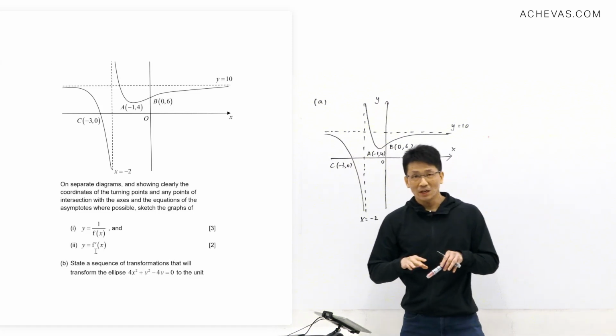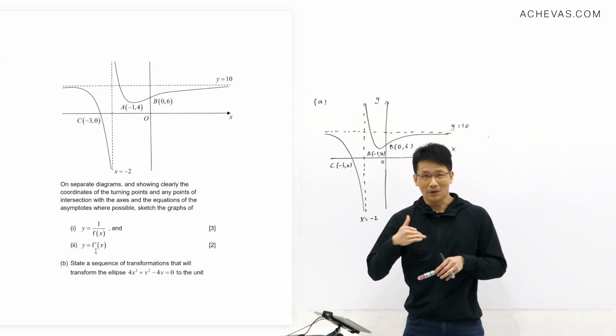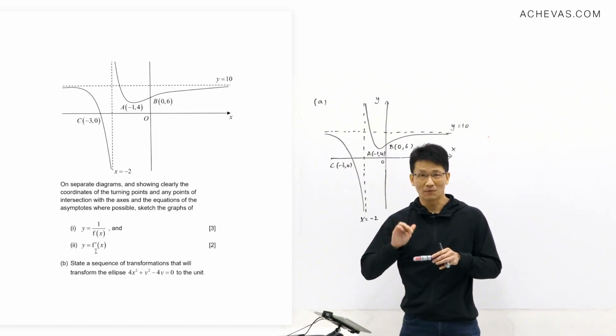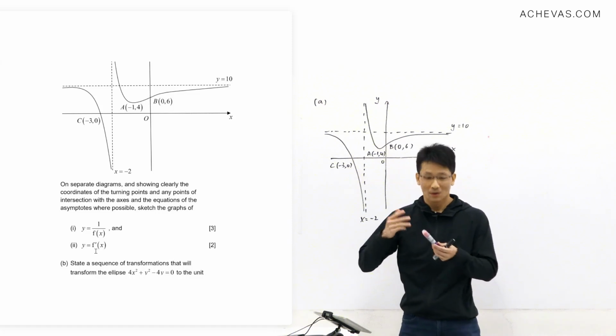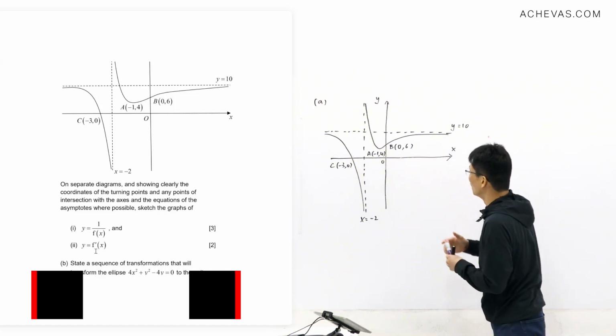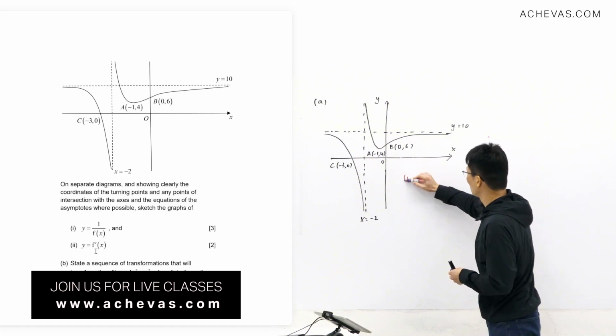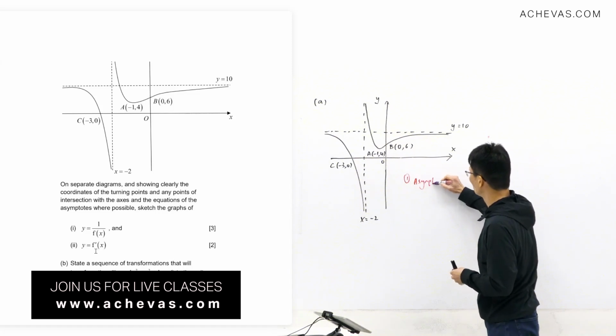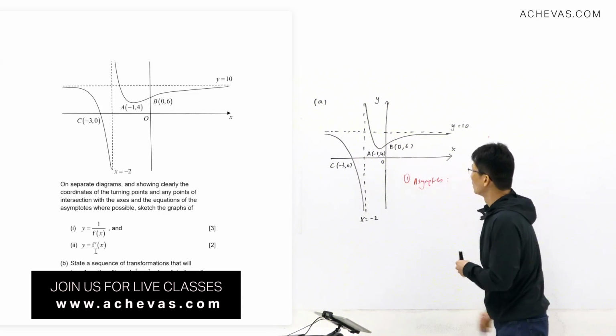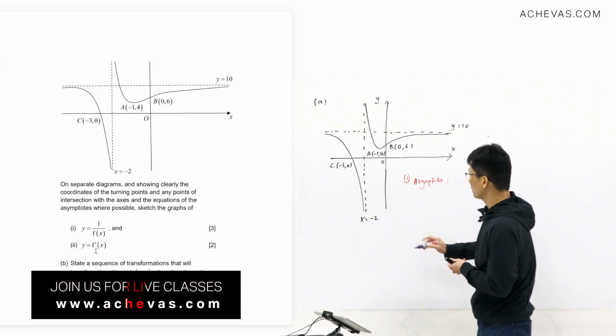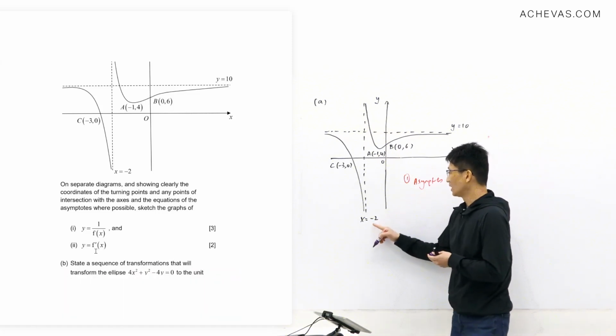Similarly for the gradient curve, we will like to analyze the key features first before attempting to sketch a graph. So the key features for a gradient curve, the first thing, also the asymptotes.